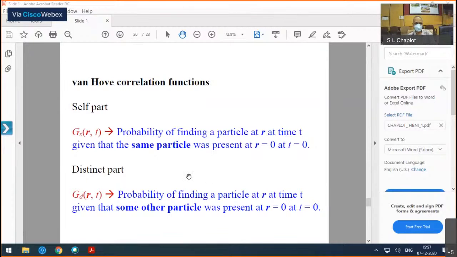So let me repeat. This is how we defined our correlation function. Now you can see that the self part corresponds to the motion of the same particle as a function of time, whereas the distinct part corresponds to motion between two different particles. So that means this is collective dynamics, and this is single particle dynamics.